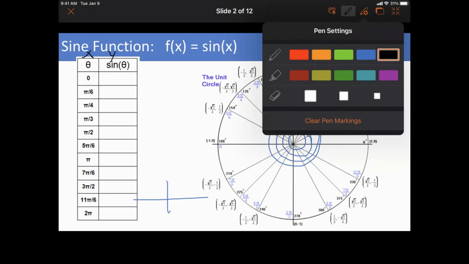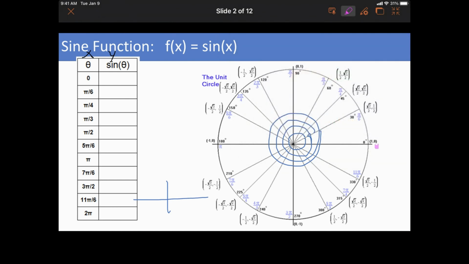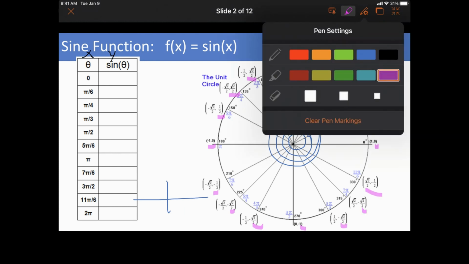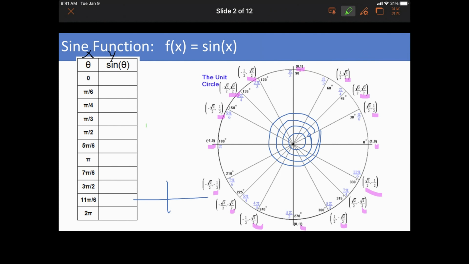Remember that sine is the y value, so we're going to just look at all the y values. Now, I didn't put all of the angles here because there's too many of them. I only picked a few. And if we look right here, this is the first quadrant, so that's where I put the most.